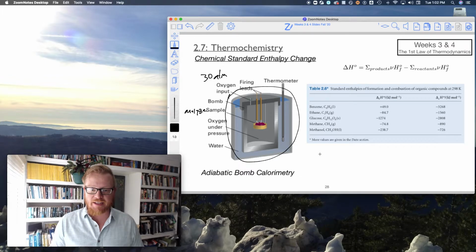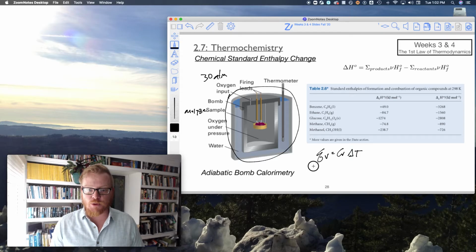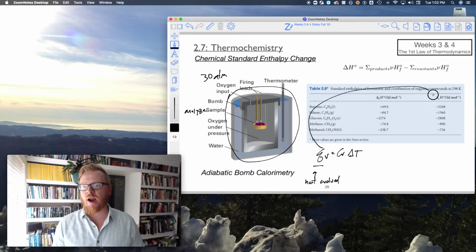And so just like in calorimetry, right, I can write Q_V equals C_V delta T. So there's a change in temperature accompanied with the combustion of the material, and that gives you a correspondingly some amount of heat evolved in the reaction, which then can be related to these values right here.